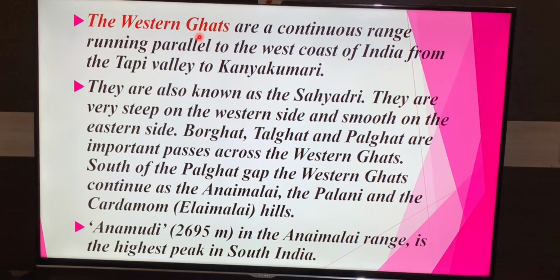Western Ghats are located on the western side of India. They run parallel to the west coast of India from Tapti Valley to Kanyakumari. Western Ghats are also known as Sahyadri. Three important passes in the Western Ghats are Borghat, Talghat and Palghat.